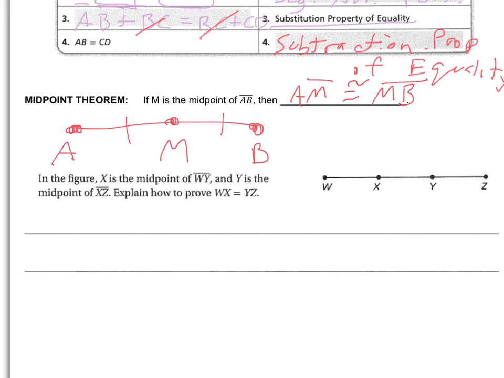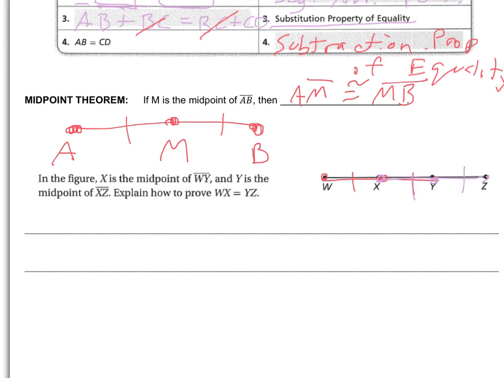And the last question, we're going to use the midpoint theorem because if X is the midpoint of WY, so we've got this segment, X is the midpoint, that means these two segments are congruent, and Y is the midpoint of XZ, there's XZ, Y is the midpoint, so all three segments are congruent. How can we explain that?